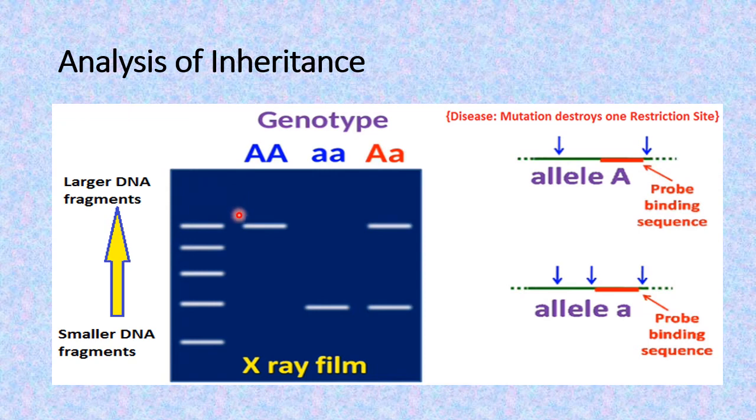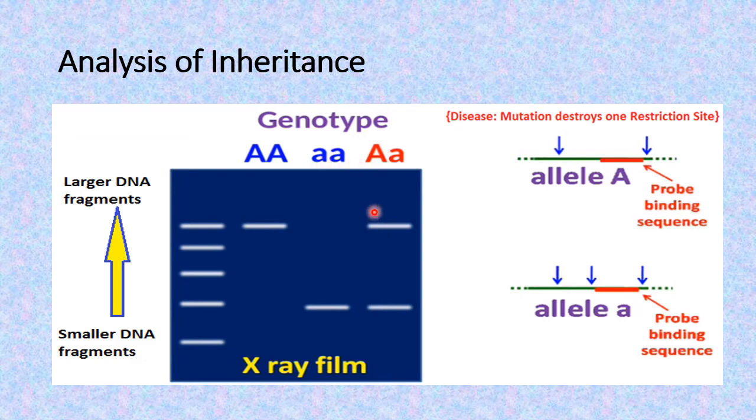Now, just now we have seen that if a recognition site undergoes mutation, it leads to the formation of larger fragments. So in this case, the homozygous dominant condition of A is the mutated DNA fragment, whereas the wild type is the homozygous recessive, or the small a.